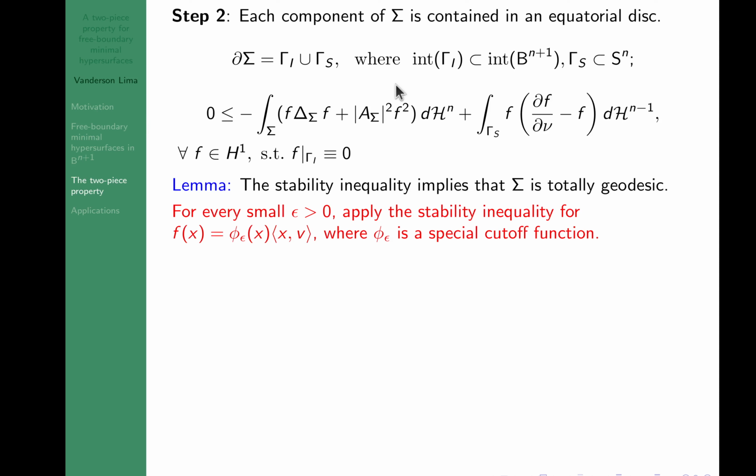So they are special, they are kind of coordinate functions, and I can see that since the hypersurface is minimal, the Laplacian of such a function is 0. So I get rid of the first term, and by the free boundary condition, I can get rid of the boundary term.